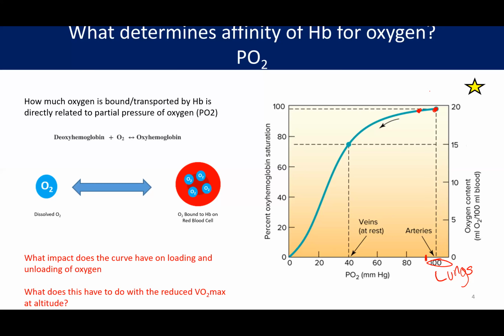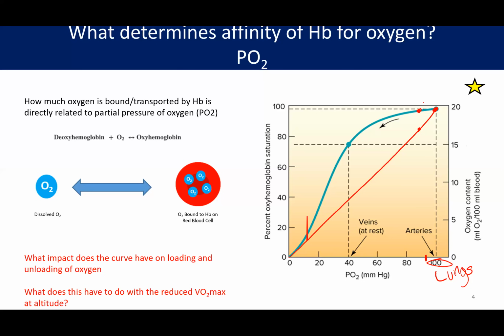Now, let's assume that the curve wasn't a curve, that it was just a straight line. If this was the relationship here with the red line, and in LA we had 100% saturation, when we came to Provo, our arterial blood would be less saturated.